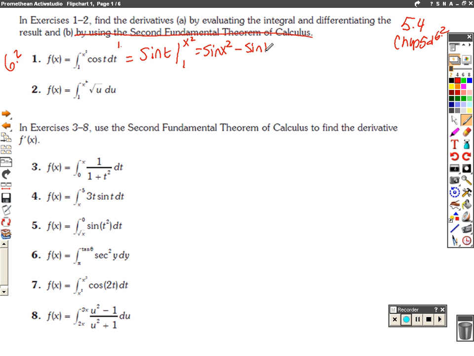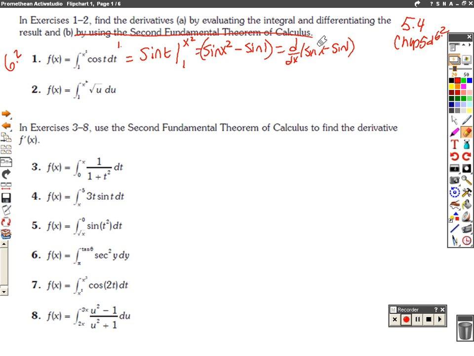All right, now we're going to take the derivative of this, because this is really a first fundamental theorem of calculus issue. So I'm going to take d dx of this whole answer, sine of x squared minus sine of 1. This is first semester. I totally made a mistake.